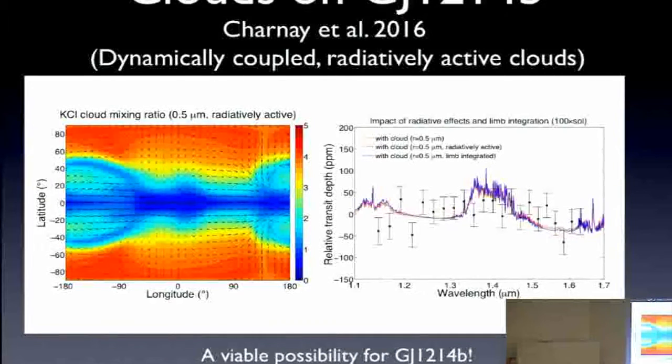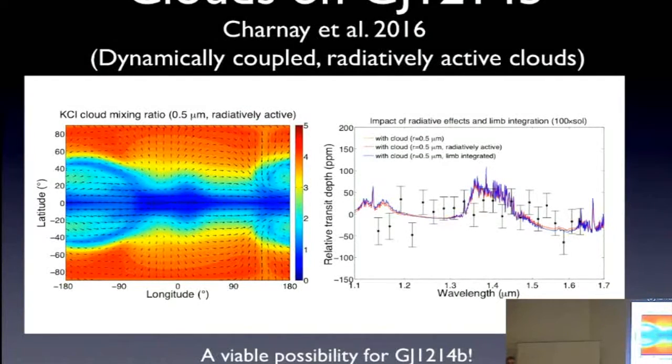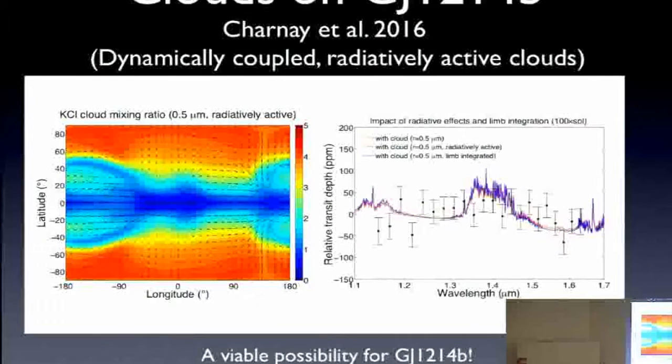By that I mean that they have a type of cloud, KCl, potassium chloride clouds. They have to specify a size for the cloud particles. The cloud formation is complex, so in their model you have to specify a size. That size is most important to determine the optical scattering properties of the clouds, I think.